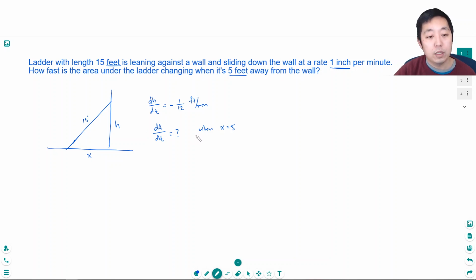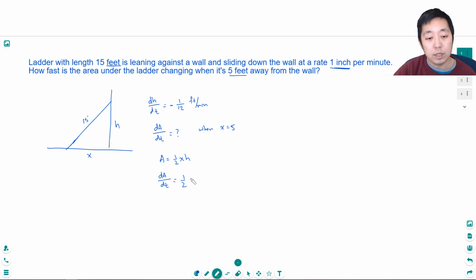So I want to find an equation that relates A, h, and x in some way. Okay? So the first thing is, I know the area of this triangle is 1/2 base times height, 1/2 xh. So if I take the derivative of this, dA/dt, with respect to time, the x times h I have to do product rule, because both of these are going to change with time. None of them are constant.